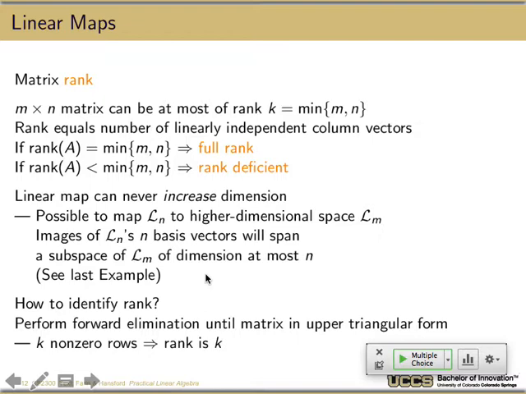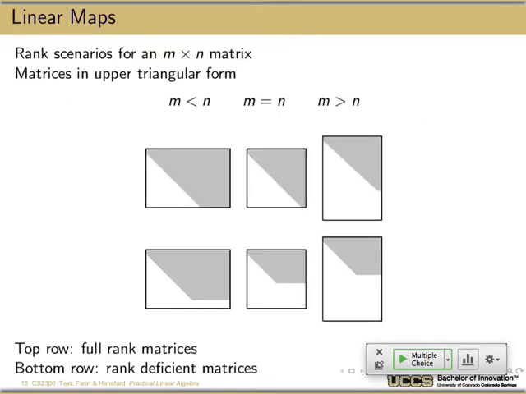So if I actually have a matrix and I want to figure out what the rank is, one way of doing it is to use Gauss elimination, or the forward elimination part of Gauss elimination, until the matrix is in upper triangular form, and then the number of non-zero rows is the rank of what you get. So if I were to take a bunch of matrices and convert them, I can have something that is deficient.